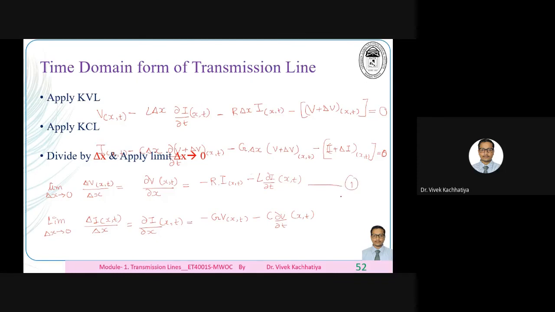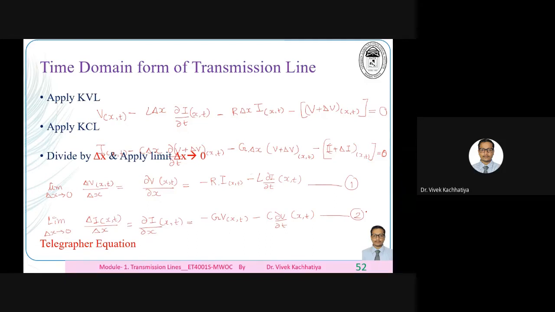If I say this is my equation number 1 and this is my equation number 2, these two equations are called the telegrapher's equations. So whenever in an exam I ask you to derive the telegrapher equation, you have to start from the beginning.